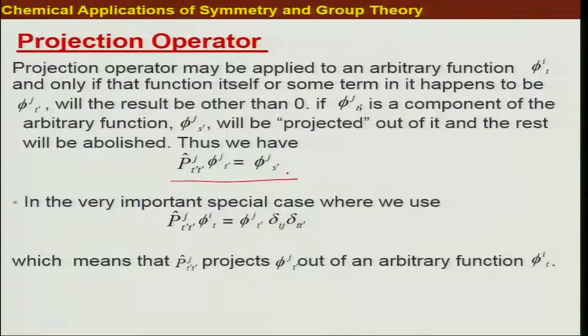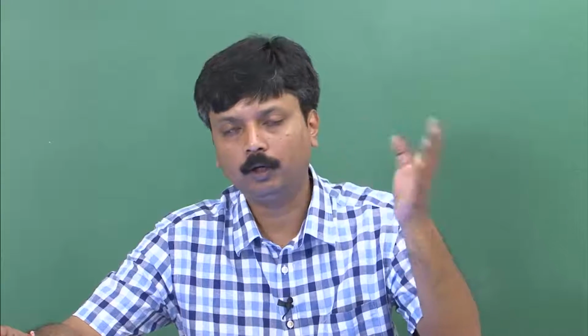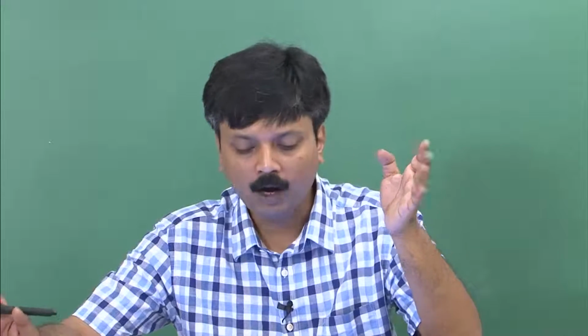Now, ultimately this t prime corresponding to a jth irreducible representation will project this phi t prime out of any arbitrary function as phi t. Now, what we started with was that Li number of, or you can call it Lj number of, orthonormal functions.